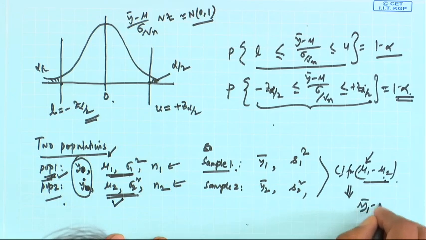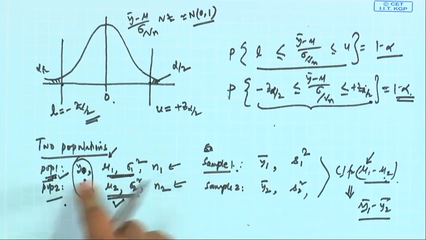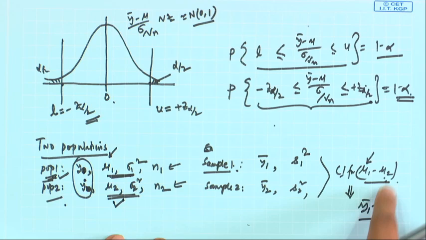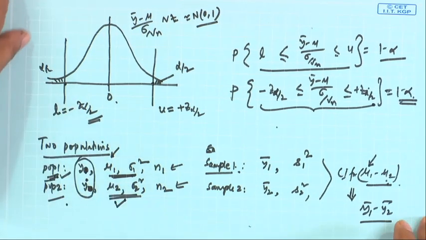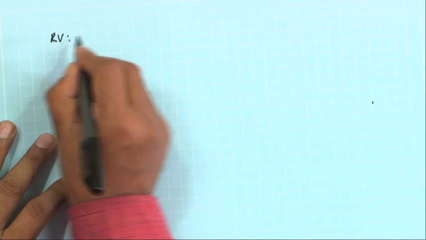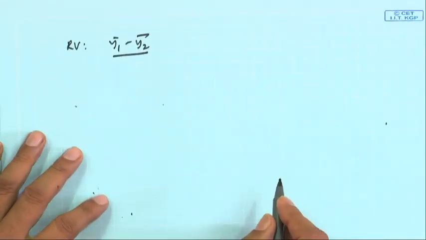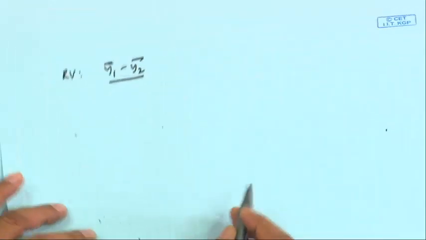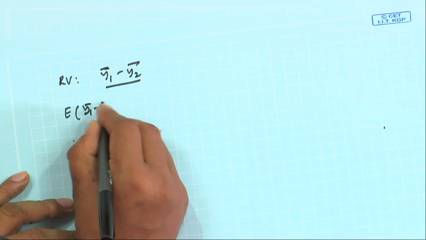Definitely y 1 bar minus y 2 bar. You collect a sample from the first population and another from the second population, compute this, and you get a value. You repeat this process, and you will get several such y 1 bar minus y 2 bar values. So y 1 bar minus y 2 bar is the random variable of interest. What do you require now? You require to know the expected value of y 1 bar minus y 2 bar.